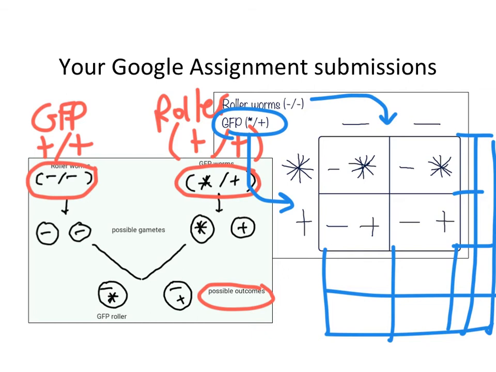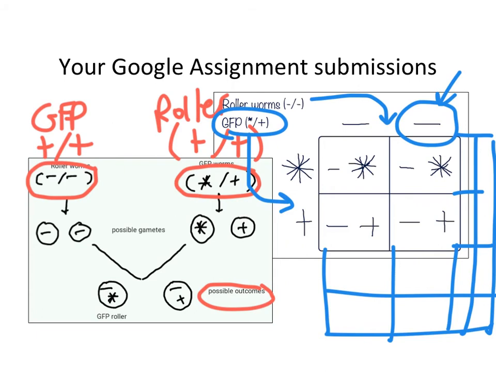To accommodate independent assortment, the fact that we're talking about two genes, every one of these gametes, that minus is the allele at the roller gene. Tell me, when you do these questions, what's happening at the other gene as well? What's the GFP allele in that? Is it plus or is it asterisk?